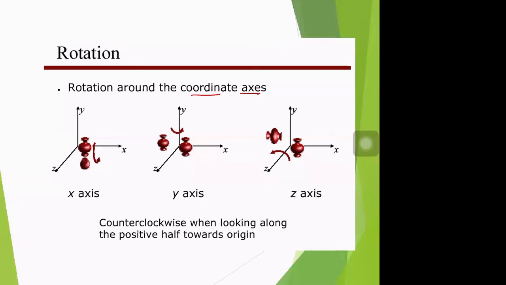I have the x-axis. Now, how does the rotation usually happen? Keep your thumb towards the axis. Here the rotation is happening with respect to the x-axis. So in whichever axis it is rotating, place your thumb towards that axis and use all your other fingers. It starts to rotate. In which direction is it rotating?